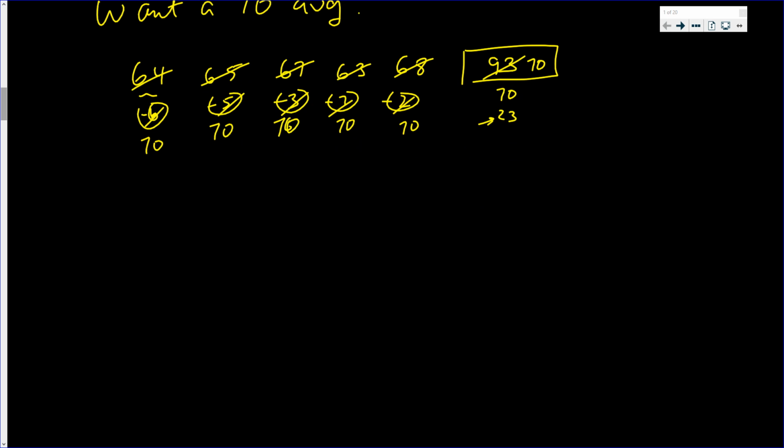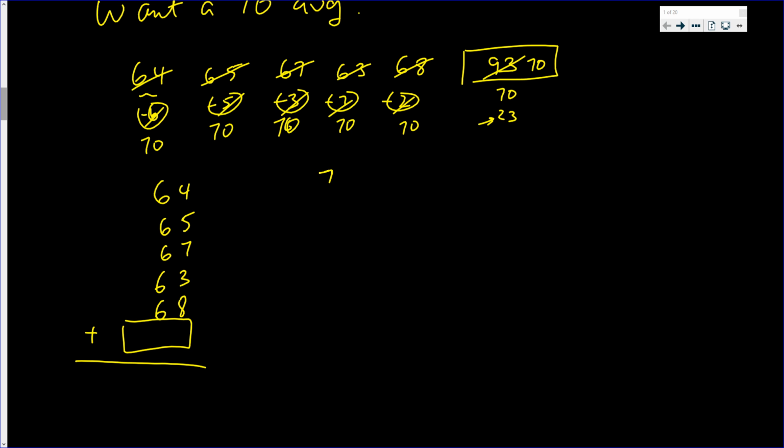The other way is you can add up the scores. 67, 63, 68, plus an unknown. I make it bigger because maybe it's a 3-digit. Maybe you have to get over 100.